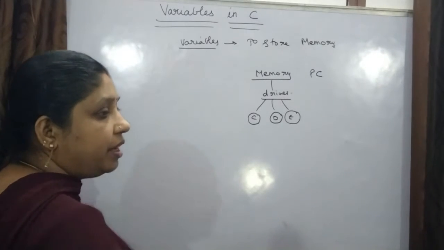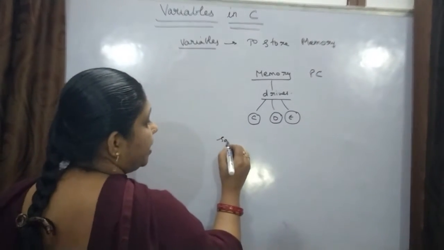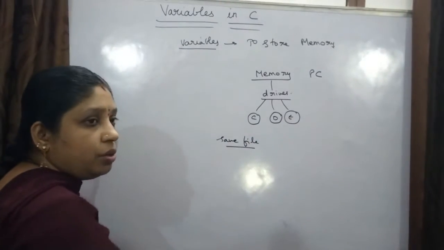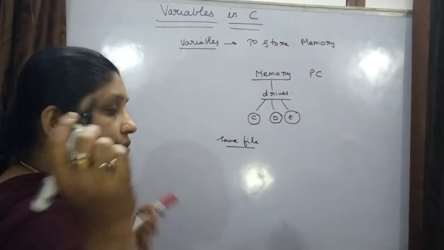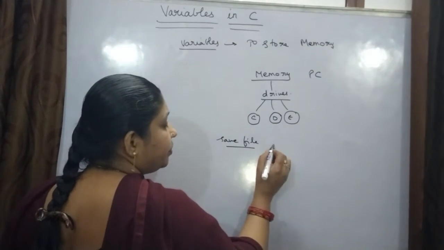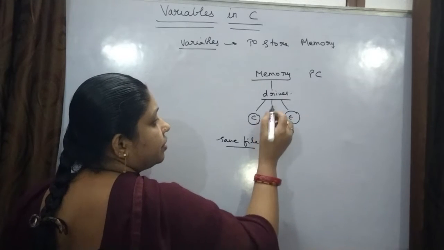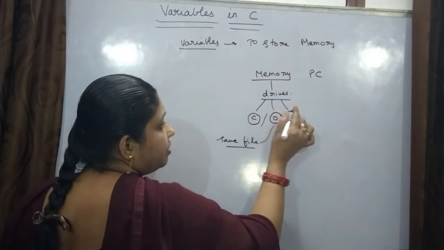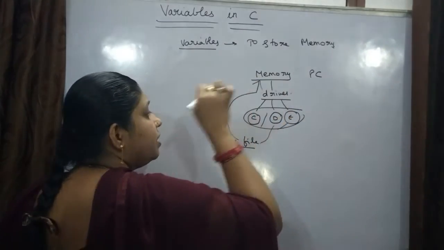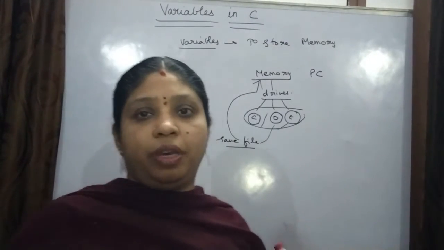Why have they given it like that? For example, suppose you want to save some file. Now when you are going to save a file, if you just say save, giving some name, this file will go and save somewhere. If you don't select any drive, this file will go and save in the memory. Now till saving it is okay.